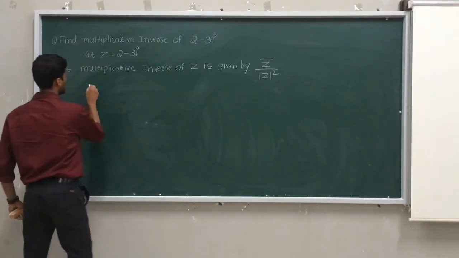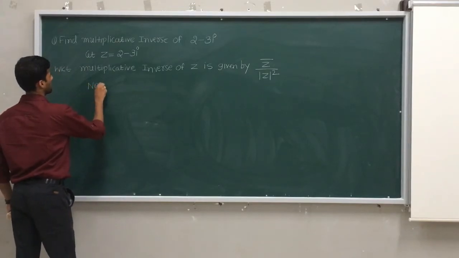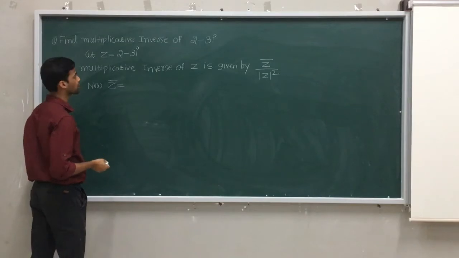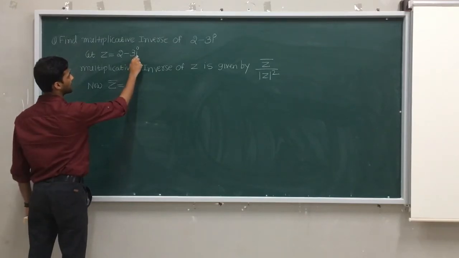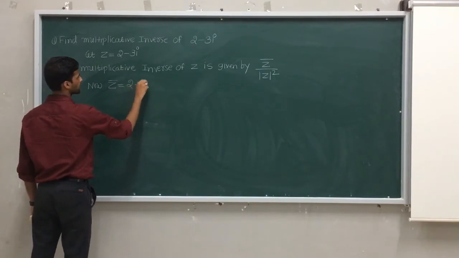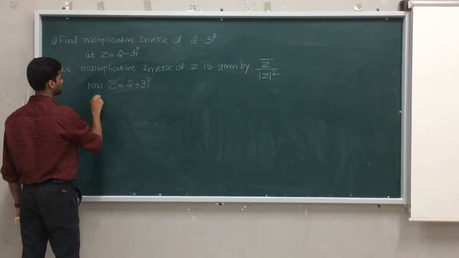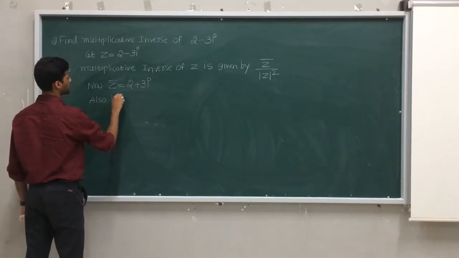Okay. Now what is z bar? Z bar is nothing but the conjugate. How to find the conjugate? Change the sign present with i. So with i, a negative sign is there, make it positive. It is 2 plus 3i. Now also, what is the modulus of z?